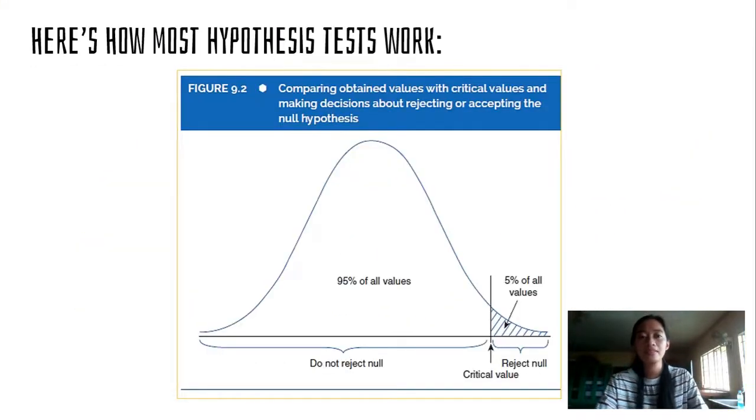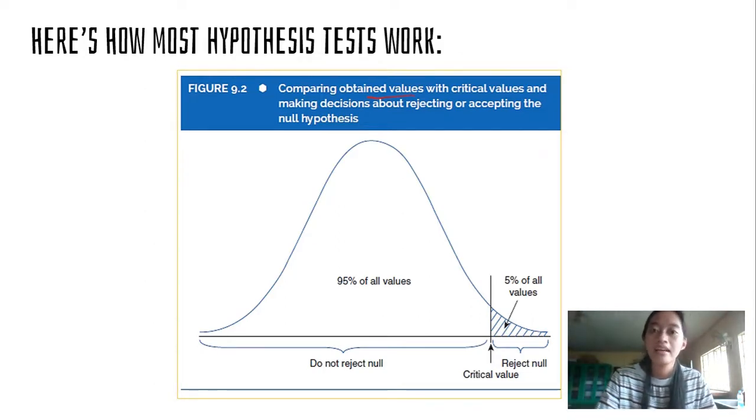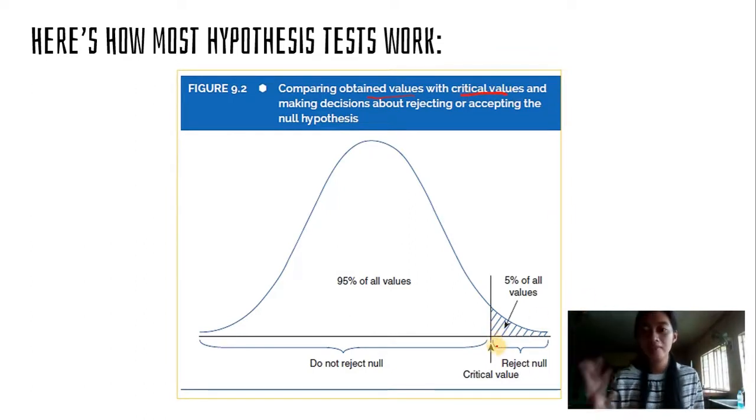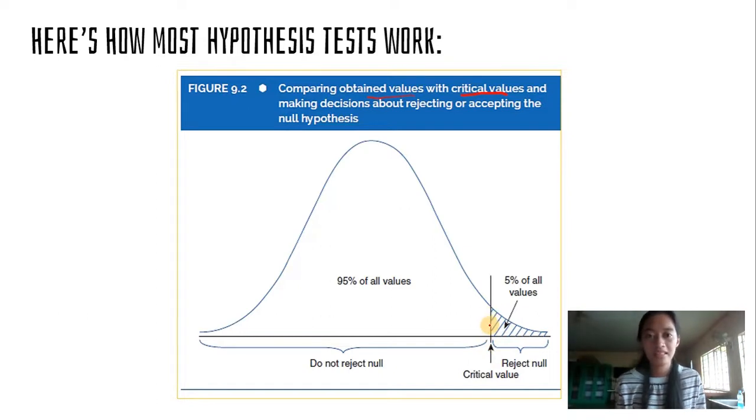Here is how most hypothesis tests work. This is just an overview of the hypothesis testing process. We compare a certain obtained value from a certain type of test, such as the t-test or analysis of variance, to a critical value. For the t-test, we have what we call the t-value. For the ANOVA, we have the F-value, and so on. The critical value is a boundary, and if the obtained value exceeds or goes beyond it, you have evidence to reject the null.